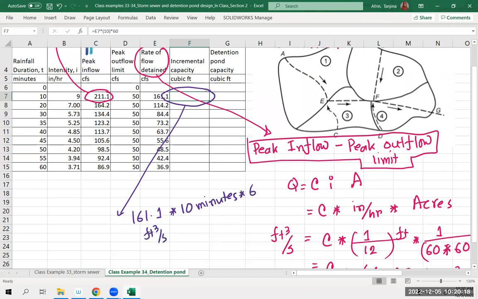What will I do? I will multiply with 6 to get the seconds, right? And you can do that manually, like 10, 10, 10, 5, 5, 5. Or you can set the equation in a way that it takes the time difference from the previous one. So suppose for this one, 36.9, the way I did, 36.9 multiplied with the time difference between these two and 60.